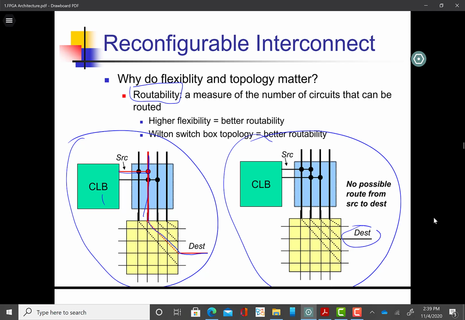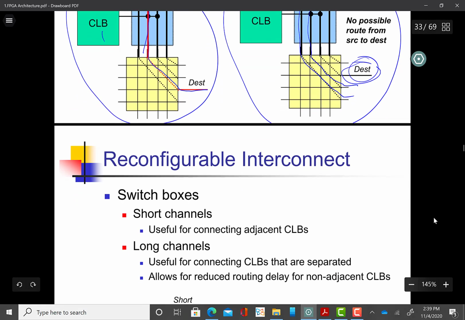Then there is practically no way to route it, because from this I can either connect to this or this, and in any case I can only come here or I can only come here. I cannot reach this destination. So you see, this planar switch is not very useful, or in other words, the routability is not better.